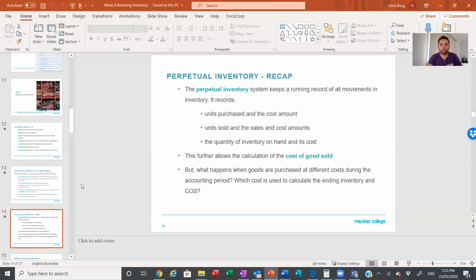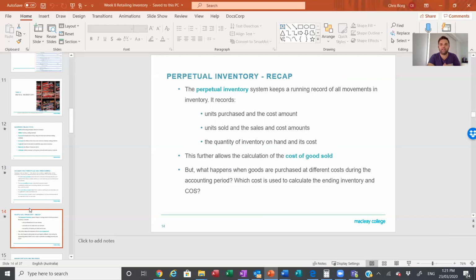So a recap of perpetual inventory is in slide 14. As I mentioned before, and as we spoke at length about last week, it keeps a running record of all the movements in inventory rather than just doing accounts at the end of the period and doing an adjusting journal to account for that stock on hand. So you're making sure you've got a more reliable and up-to-date costing method and application as we move, which allows for a much better and more accurate gross profit figure.